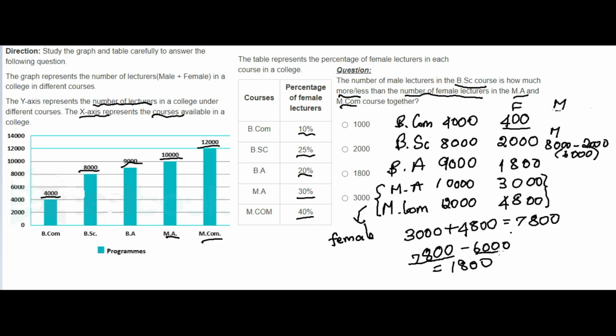The 6,000 male staff members from the BSc course is a lower value than 7,800. If it were 8,000, you would do 8,000 minus 7,800. But now we have taken 7,800 minus 6,000, so automatically you give 1,800 as the answer. Okay, thank you.